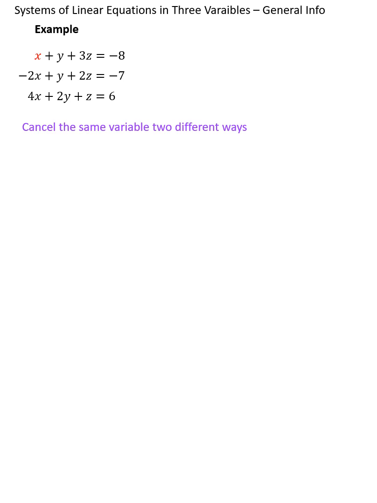Now, what do I mean by cancel the same variable 2 ways? I'm going to use that x with a coefficient of 1 as a means to cancel another x. So I'm going to choose the first 2 equations. I had to choose the first one because that was my chosen equation, but watch what I can do when I choose the second equation as well.